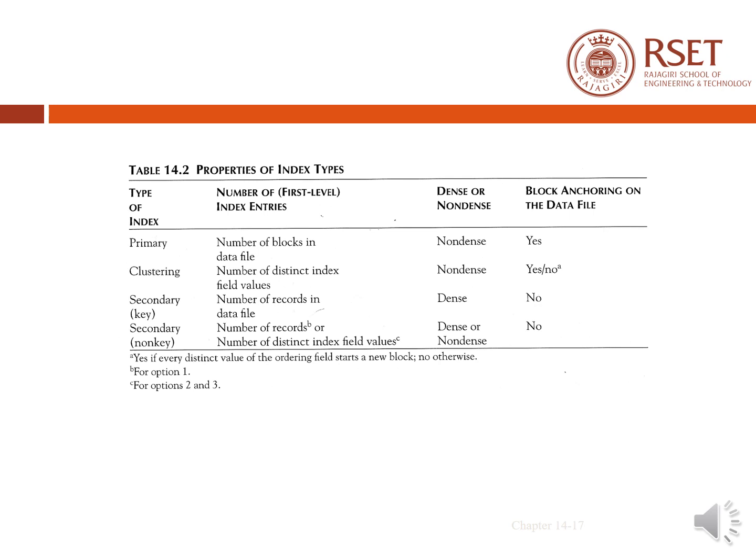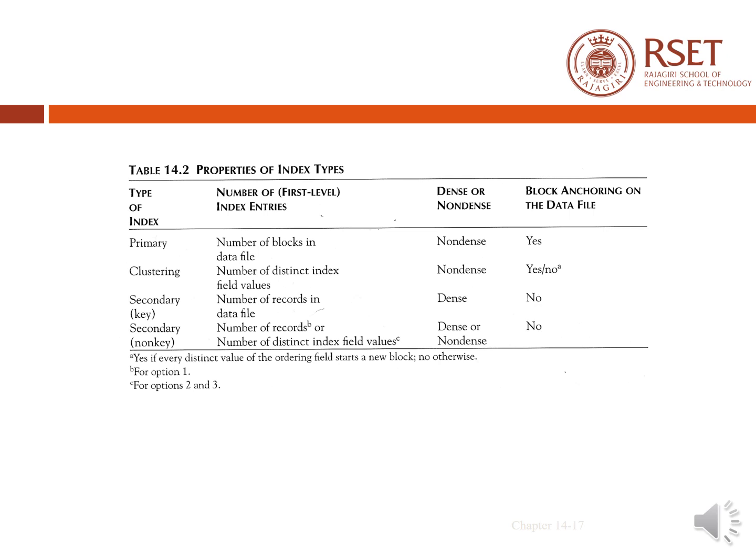For clustering, for each distinct value we will have a pointer, so that is non-dense itself. In clustering we will have block anchoring itself. Sometimes it will have no value, that is, if a distinct value of the ordering field starts with a new block, for each block if it is assigned.